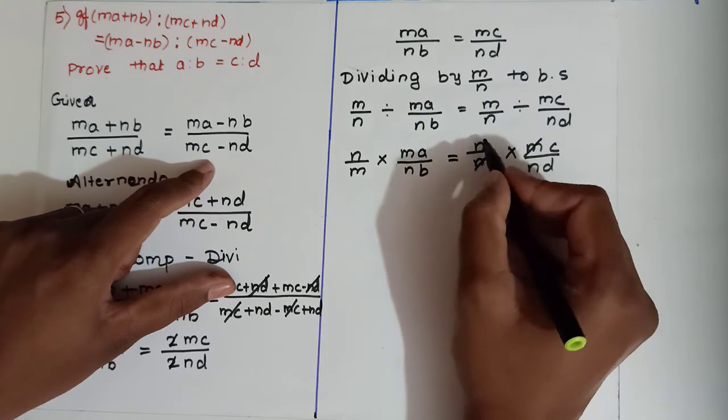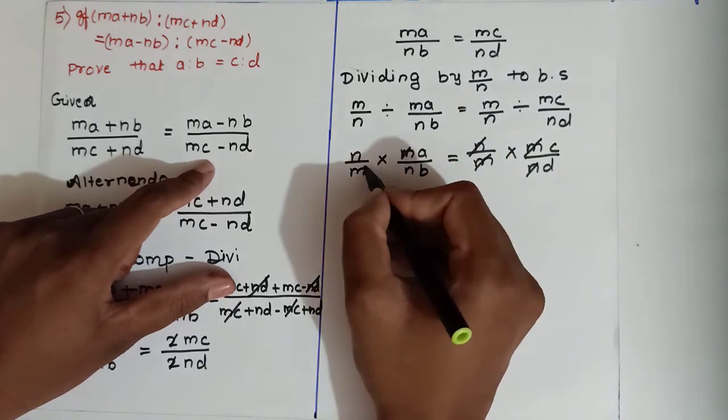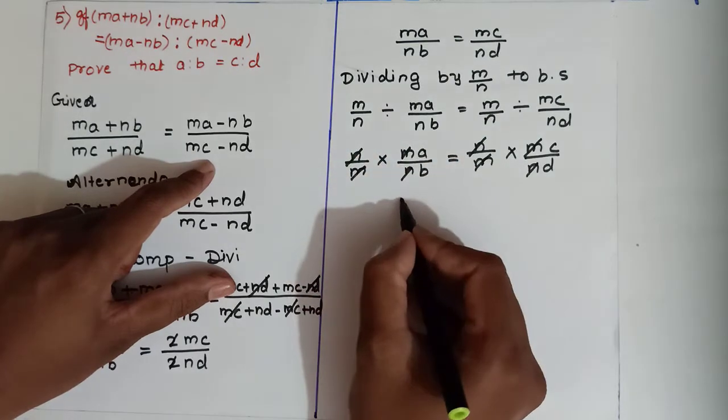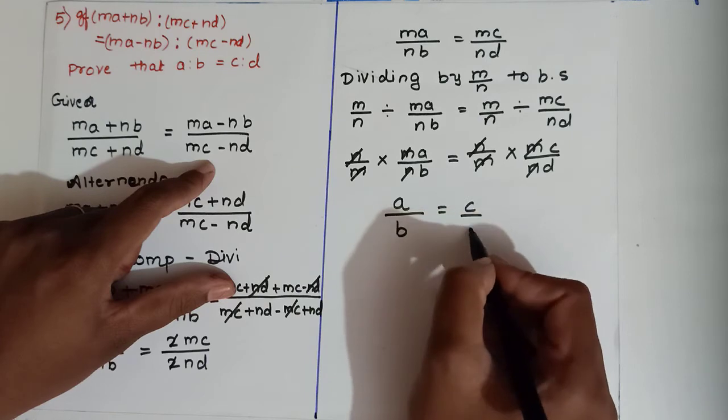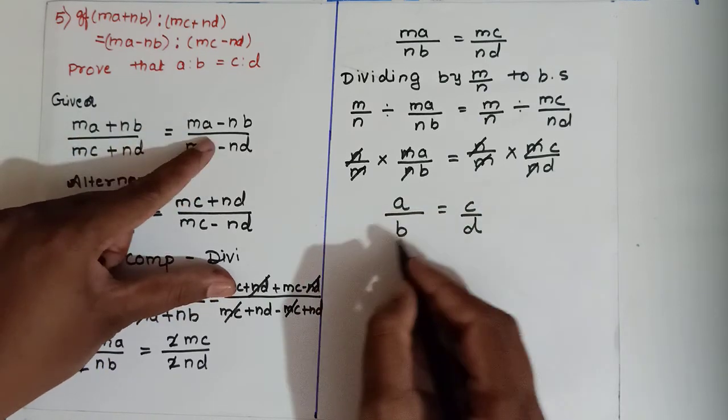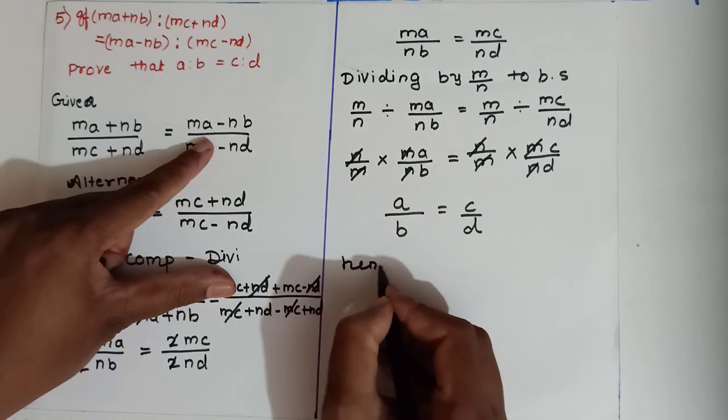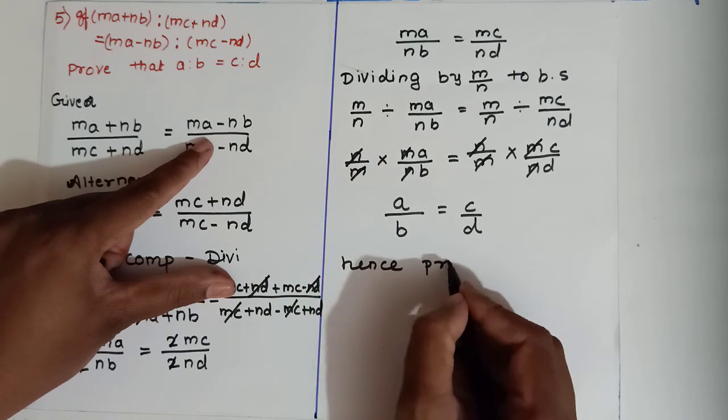Now cancel m and m, n and n. So what we are having is a upon b equals c upon d. This only we have to prove. So hence proved.